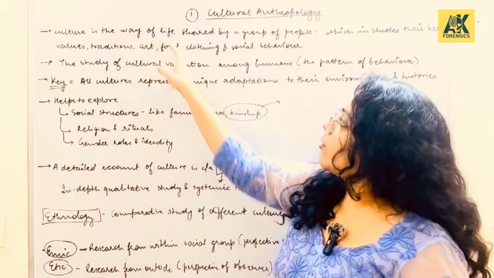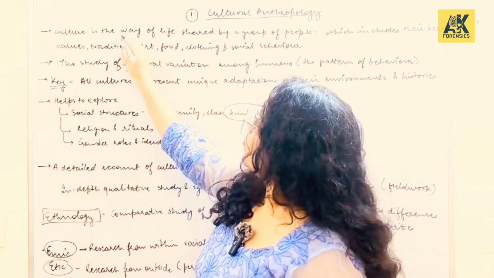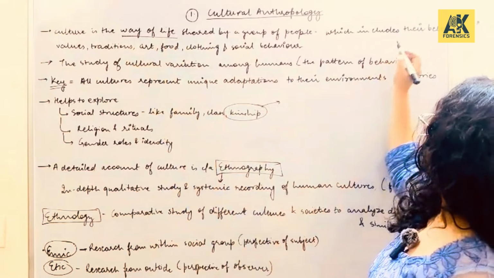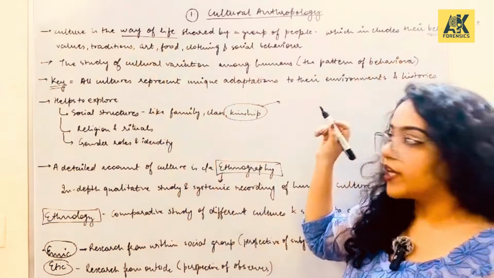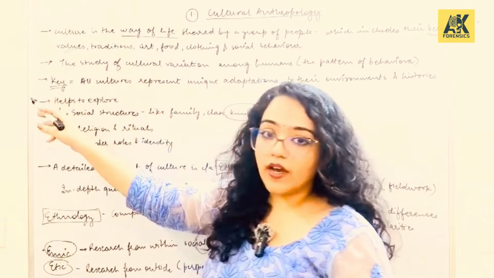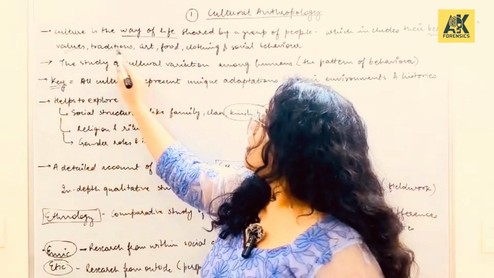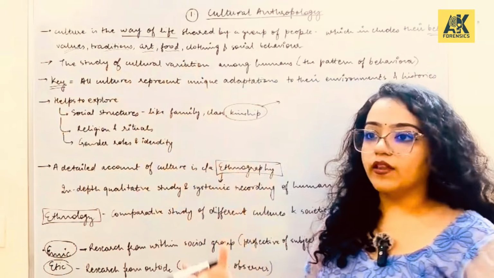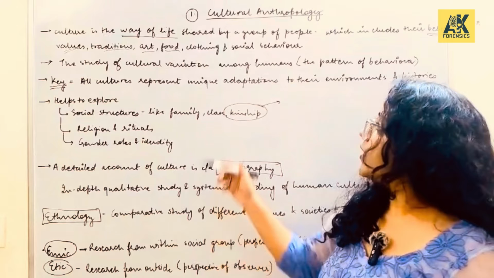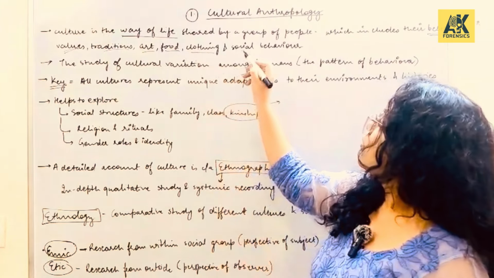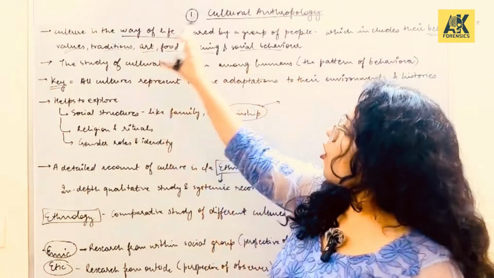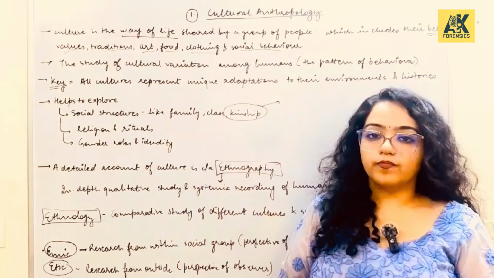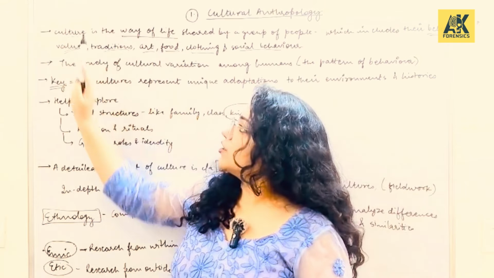Culture is a way of life that is shared by a group of people, in ways that their belief systems are related, their values, their traditions, what art form they perform, how they make the food, what food they consume, right? What is their clothing, their social behavior. This all comes under the broad umbrella term culture.